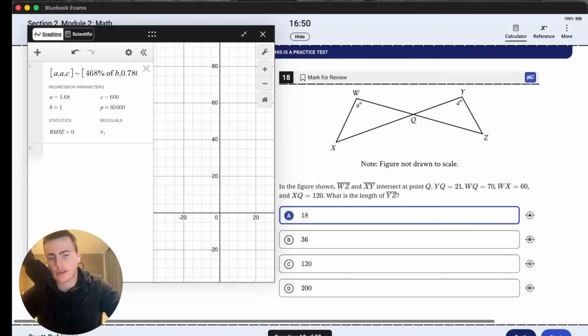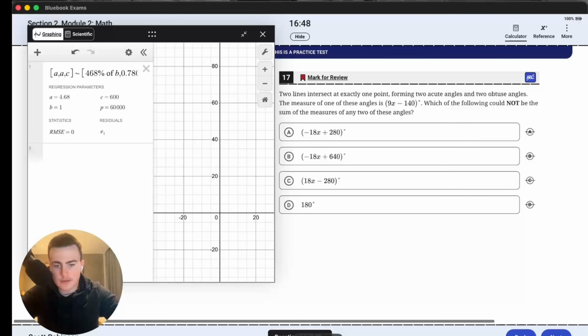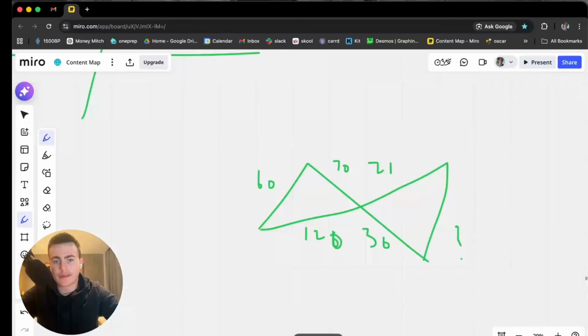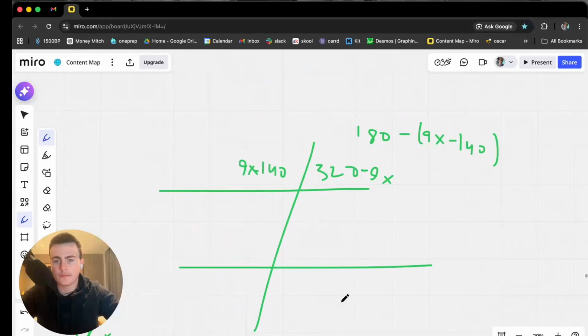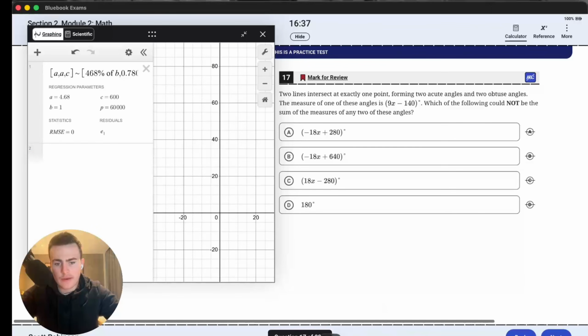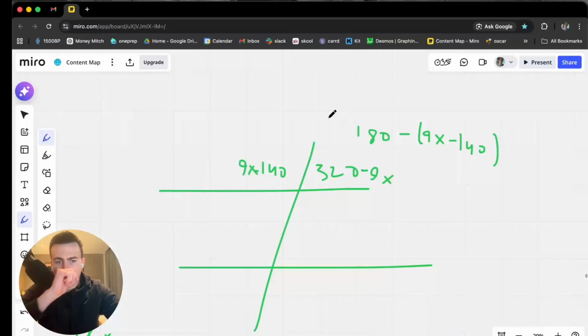Okay, we're running low now. Let me finish this one off. This one's pretty easy. So we have 2 acute, 2 obtuse. The measure of one of them is 9x minus 140. I did that correct. And then we need to find the other one. I must have done something incorrectly. So 180 minus this equals that, right?